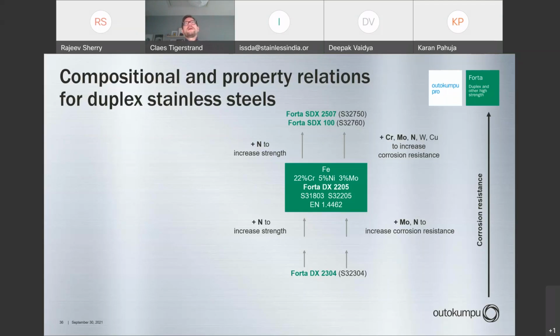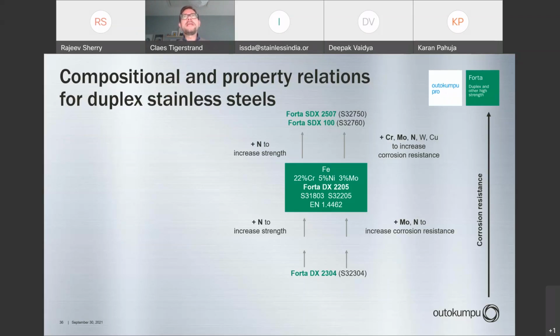So the first attempt with the duplex to make a more lean composition was the one at the bottom there, the Forta duplex 2304. There you have slightly lower nitrogen content and lower molybdenum content, and of course that will mean slightly lower strength and lower corrosion resistance. So by increasing nitrogen and molybdenum to the 2205, you will improve the properties.